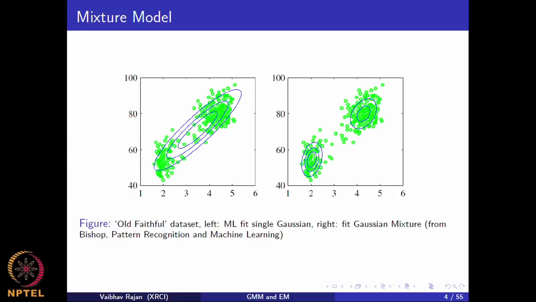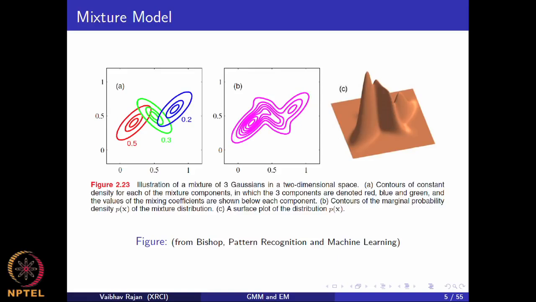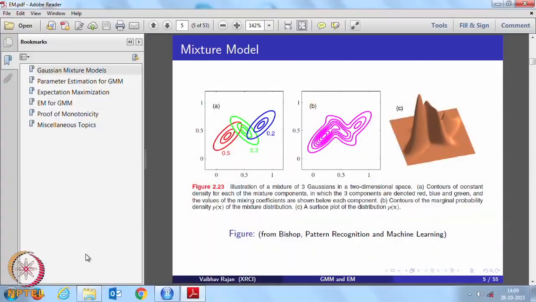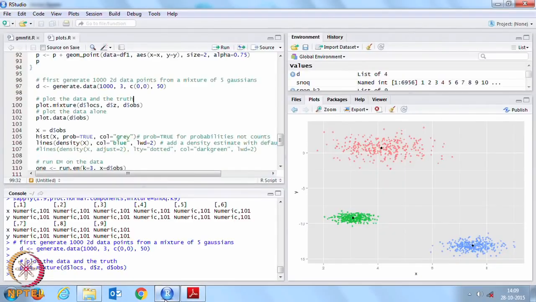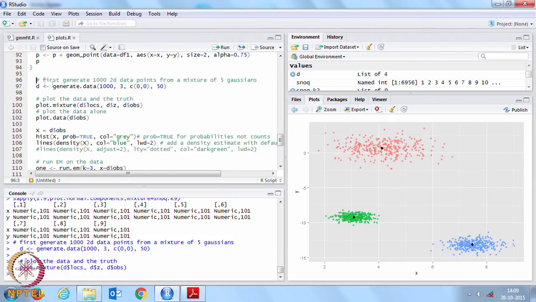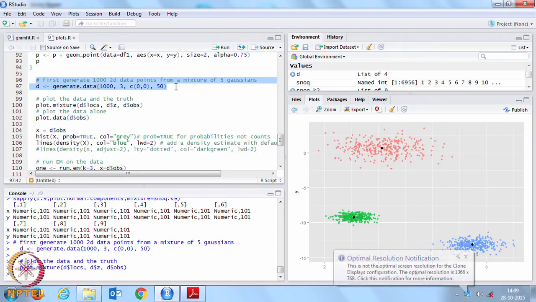So let me show you some more examples. This is just some R code to sample data from a Gaussian mixture, and what I am going to do is just sample and then plot the data.